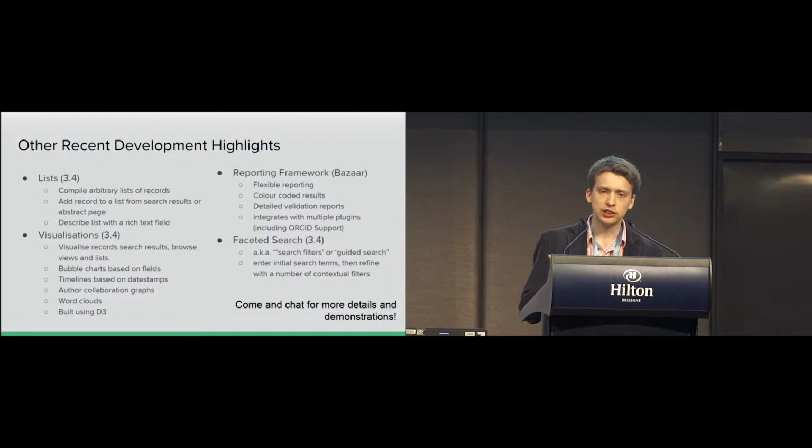We're adding visualizations to the repository, so you've got more colorful, visual looks at the data. We've been working on a reporting framework. This is another thing the UK user group has been talking about quite a bit. They really want lots of ways of interrogating their data records, so we've been working on that. That's a Bazaar plugin. And there's the introduction of faceted search, which is all about filtering down the search results.